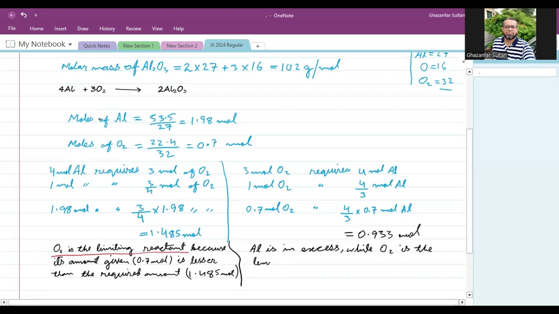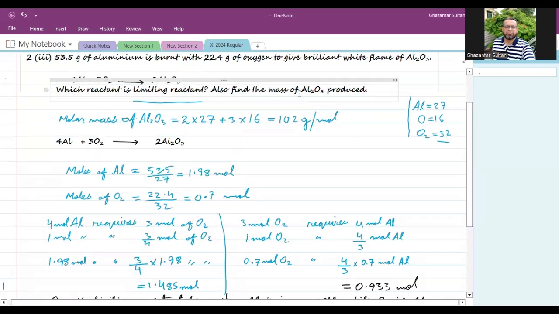Definitely one of them is in excess, so the other would be the limiting reactant. In this way, we have determined the limiting reactant in the given numerical. So oxygen is the limiting reactant. You can use either of these two ways.